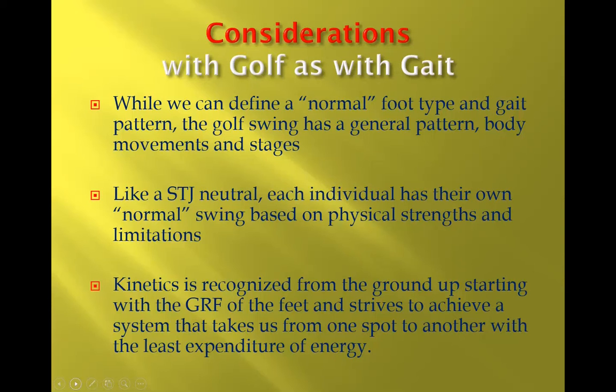If someone has a cavus foot structure, they're going to have less than maximum amount of motion of the subtalar joint. So everyone is different, and the subtalar joint position, the subtalar joint motion, and anything that impedes that subtalar joint is going to have an effect on the golf swing.